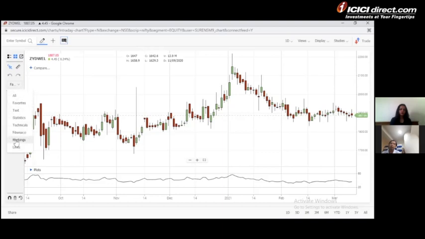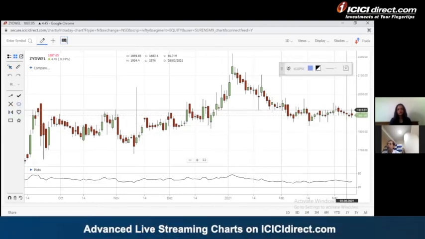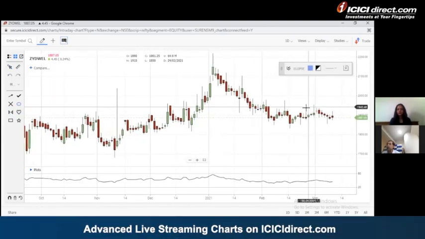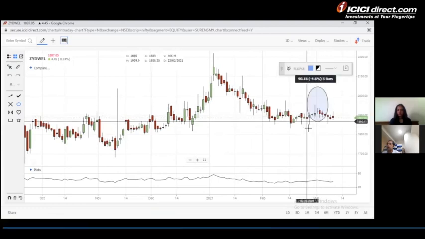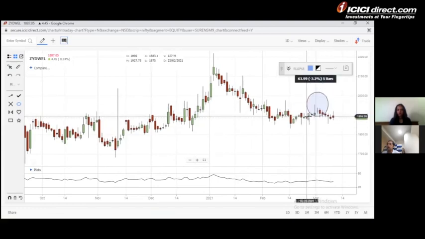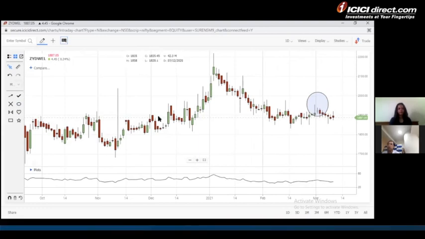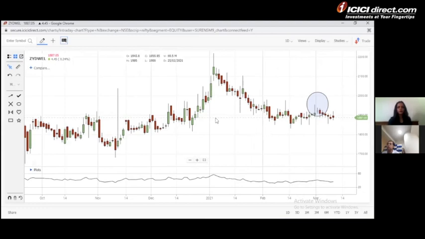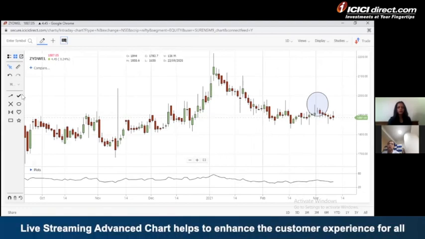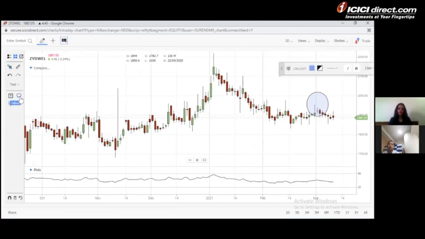Suppose I want to mark something. Here, marking is there. So I can draw the marking here, something like this, which I can show here. And if I want to add something here, just go to text, here call out.